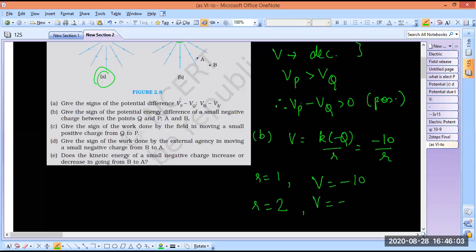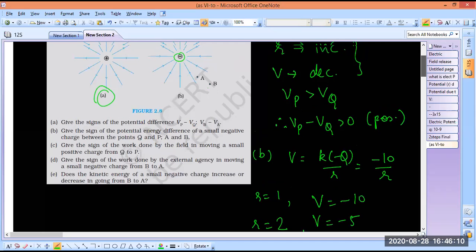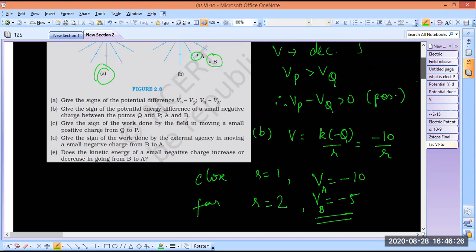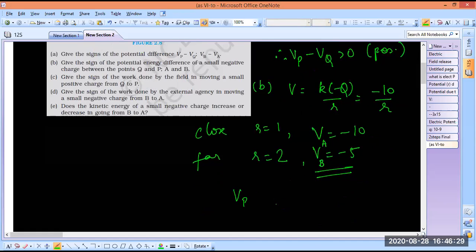The closer point is A and the far point is B. Which one has more potential? Far has more potential. So we have VB is greater than VA, therefore VB minus VA is positive.